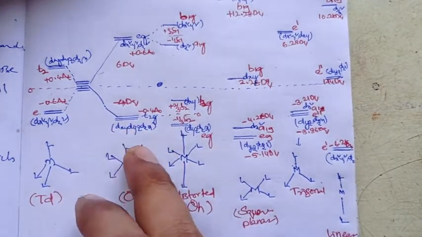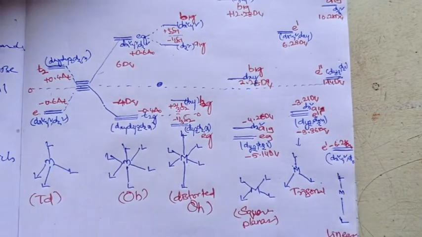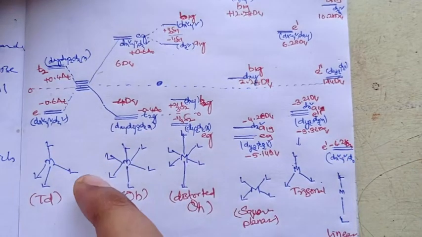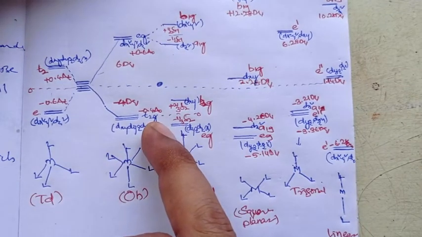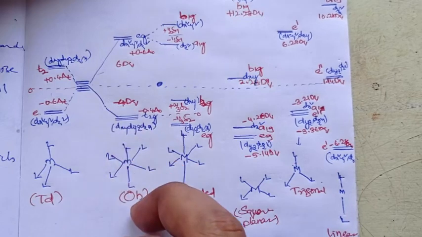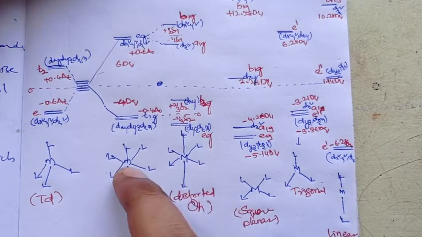Here in octahedral, we know that the ligands approach along the coordination axes. Along the x-axis there are two ligands, along the y-axis there are two ligands, and along the z-axis there are two. On each coordination axis there will be two ligands approaching towards the metal.